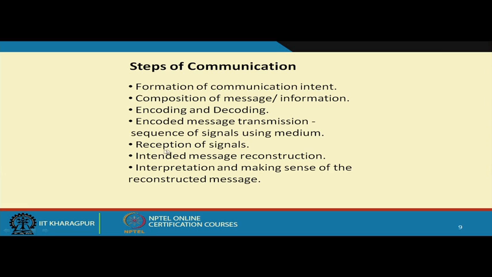We'll come to that a little later in this course, but the idea is it goes out in the form of packets, and these packets are the signals which we talked about in our last lecture in the model for communication, and these signals percolate and reach the receiver. As soon as it reaches the receiver, there is reception of these signals, and then the intended message is reconstructed.